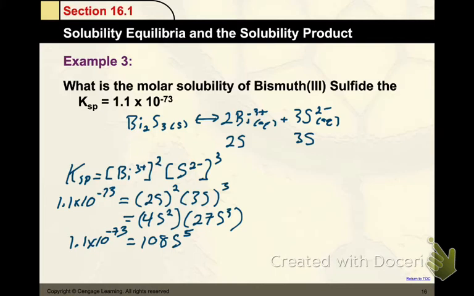So solving for s, our molar solubility, we'll divide that by 108 and take it to the 5th root. 1.1 times 10 to the minus 73 divided by 108.